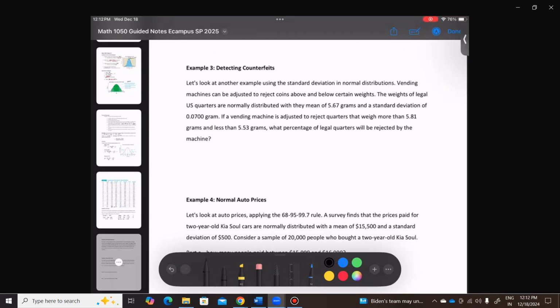Again, this is based on the ideal amount. So the center is 5.67. We'll subtract the standard deviation as we go, or add the standard deviation. So 1 standard deviation away is 5.6 to 5.74. 2 standard deviations away is 5.53 to 5.81.